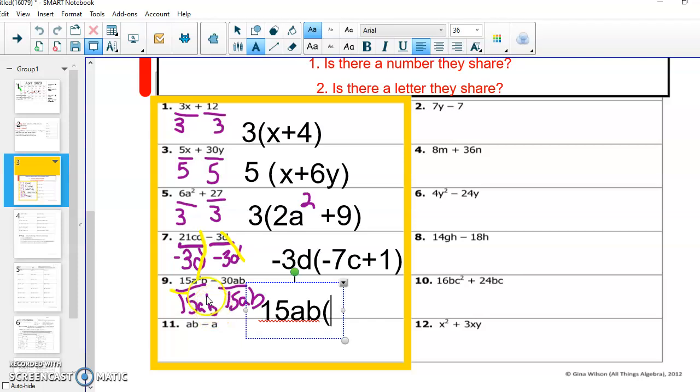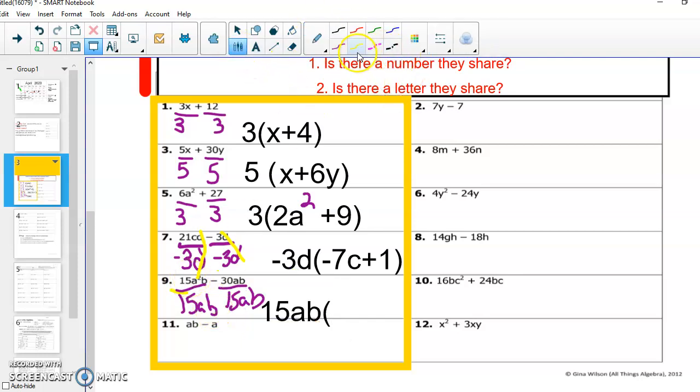When I do that, and I come back to my expression, 15a squared b divided by 15ab, I know that some things are going to cancel out. I know my 15s are going to cancel out and my b's are going to cancel, but now I need to follow those exponent rules. A squared divided by a to the first power, I'm going to subtract those exponents.